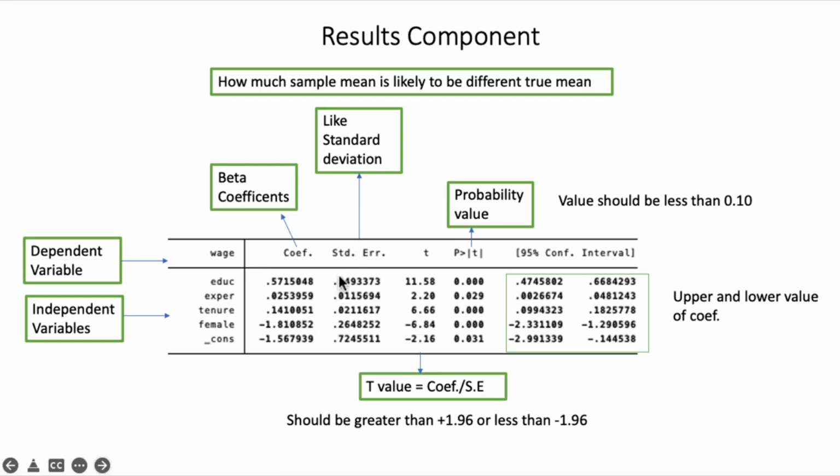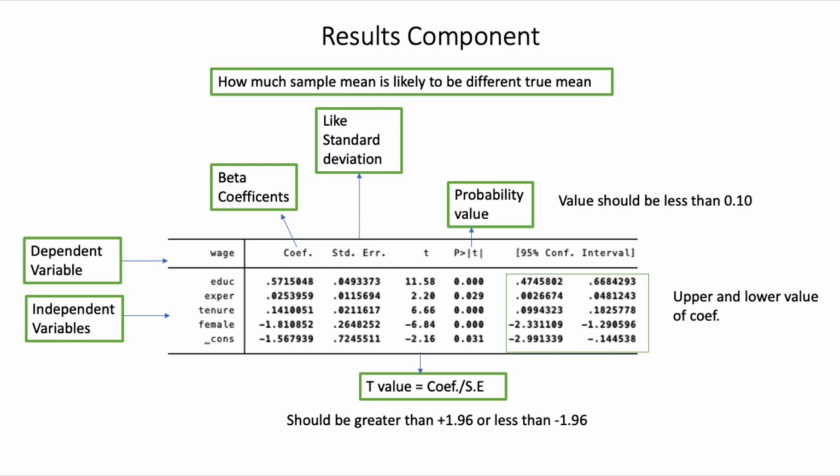So this is telling you how your sample mean beta is different from the population beta. It's like standard deviation, but not standard deviation, because standard deviation is within a sample, and this is between samples. It's like the sample mean being different from the true mean.